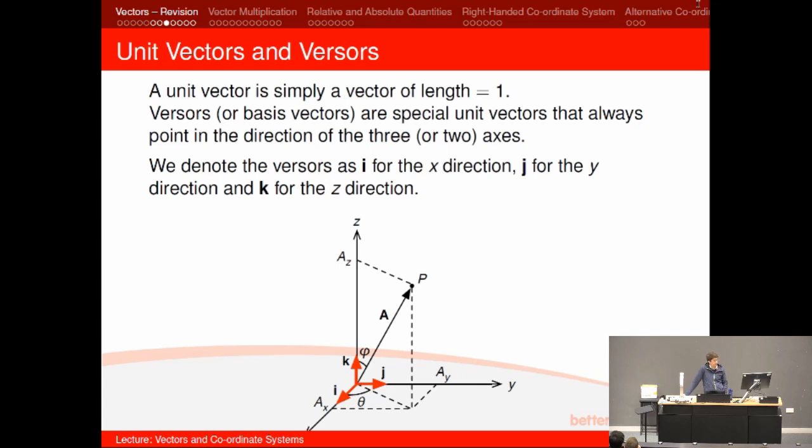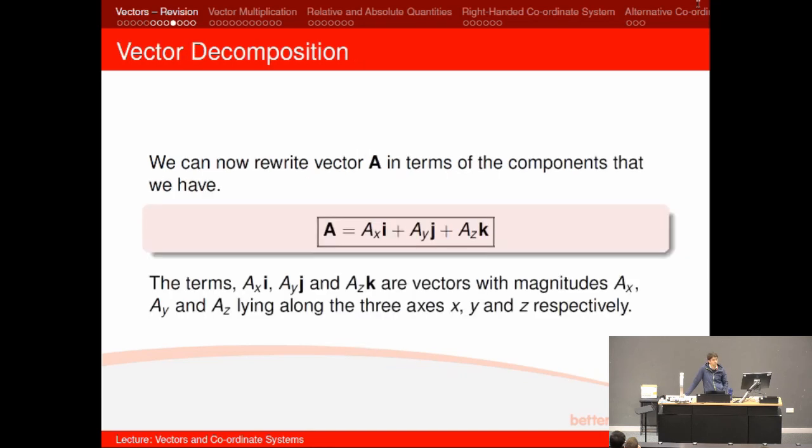The i is the x-axis component, the j is the y-axis component, and the k is the z-axis component. This is the way you can write it: the vector A equals the x component times the i unit vector, plus the y component times the j unit vector, plus the z component times the k unit vector.